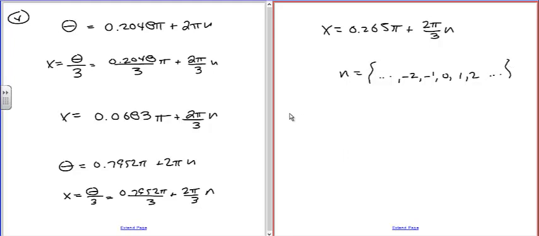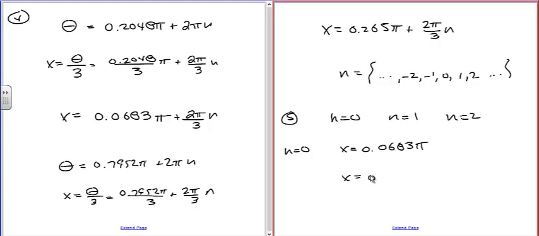Step number 5 here is we're going to do n equals 0, n equals 1, and n equals 2. So for n equals 0, you just drop this 2/3 thing. So for n equals 0, you get x equals 0.0683 pi, and you get x is equal to 0.265 pi.